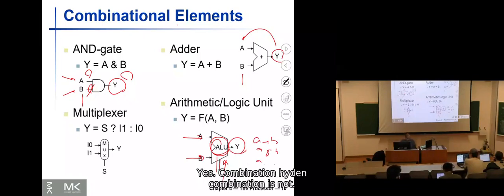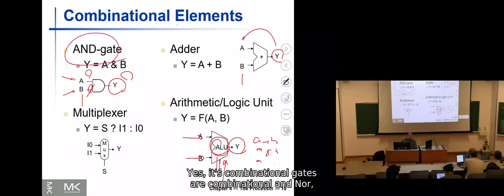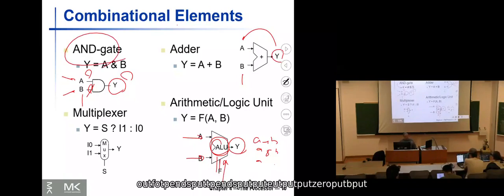Yes? A NOT gate, is it combinational? Yes, it's combinational. The gates are combinational: NOT, AND, OR, NOR, NAND. Why? The output only depends on the input. For a NOT gate, if the input is 1, the output is 0, and if the input is 0, the output is 1.